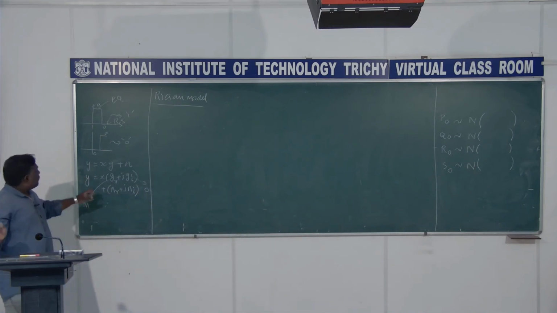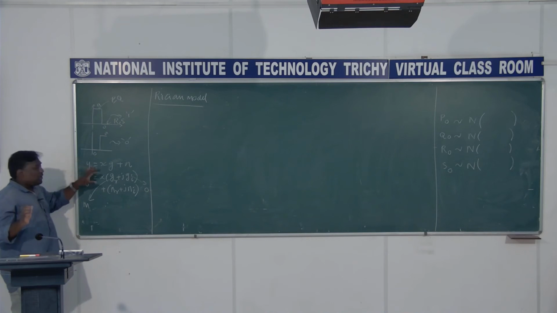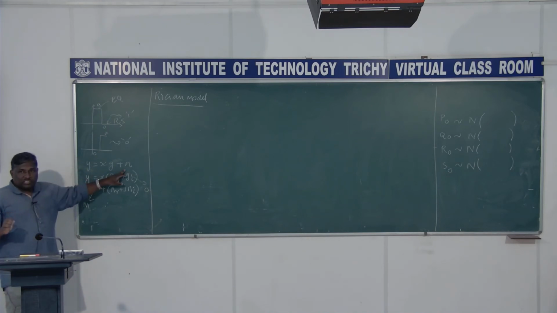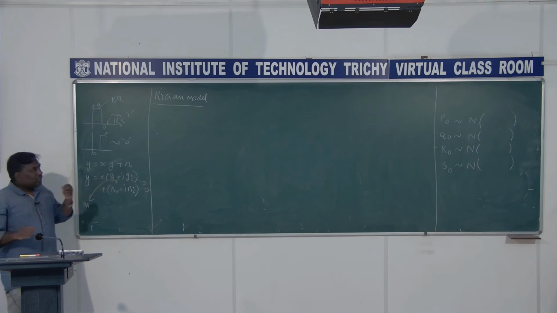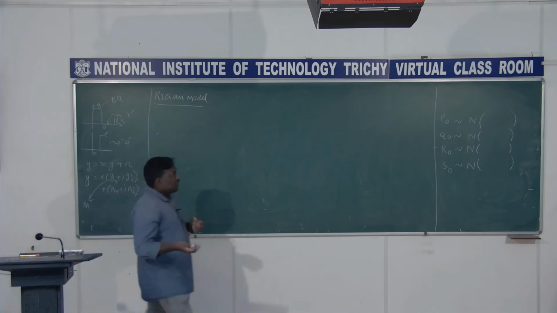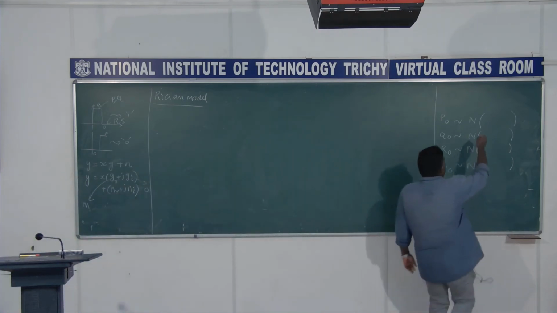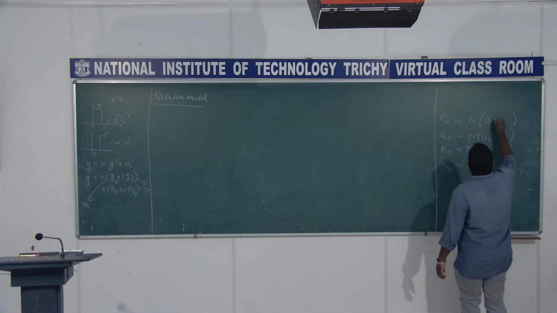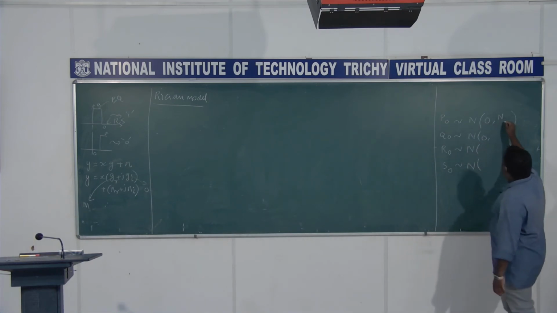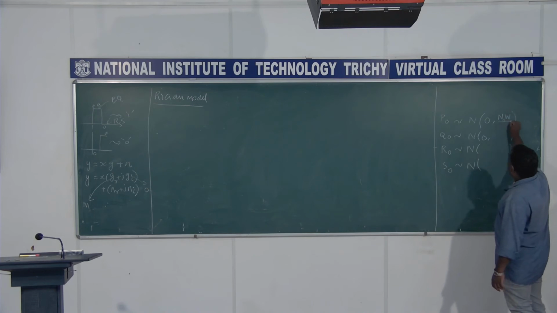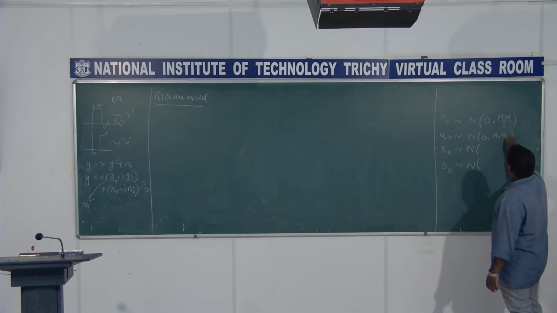So when 0 is transmitted, what happens? As usual, you get only the noise, so it is Ni and Nr only. In that case, the same thing will come, what we had earlier. This is 0, so I don't want to repeat that job. This is N0 W by 2 and this is N0 W by 2.